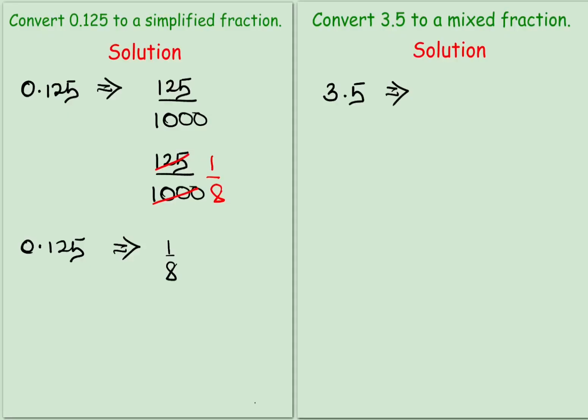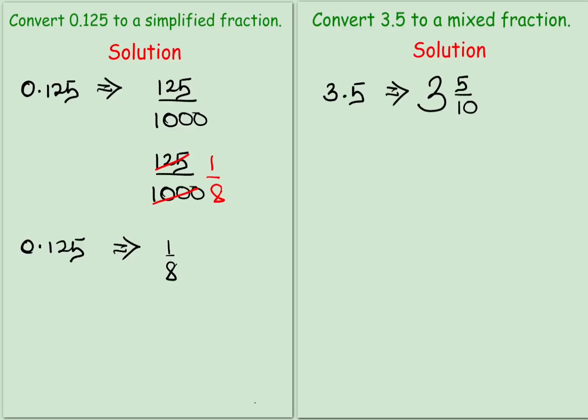So what you do is just change the decimal part, that is the one that comes after the decimal point. So the 3 becomes a whole number, because it's a whole number. Then the 0.5, because it is just one digit that comes after it, we know what to do. First of all, you write your 5 here, and then, since it's just one digit, over 10. As simple as that.